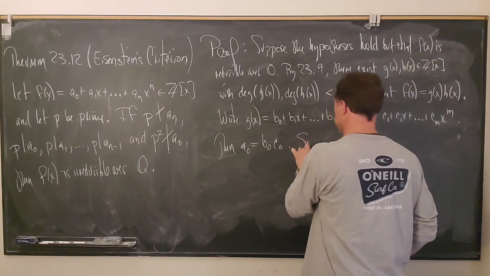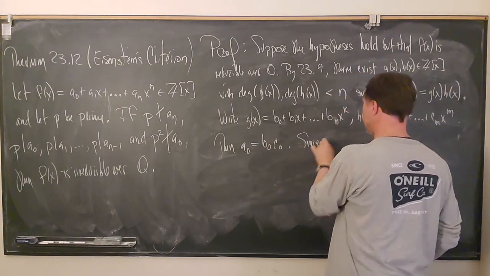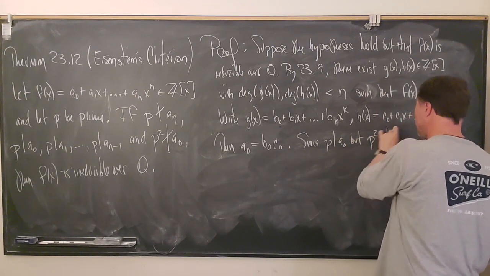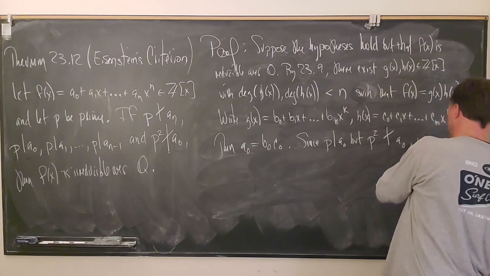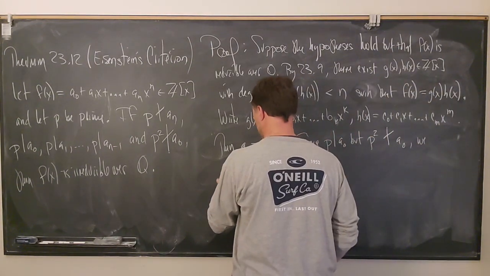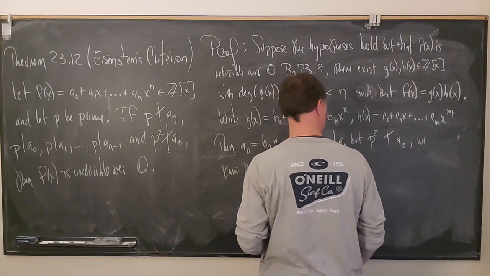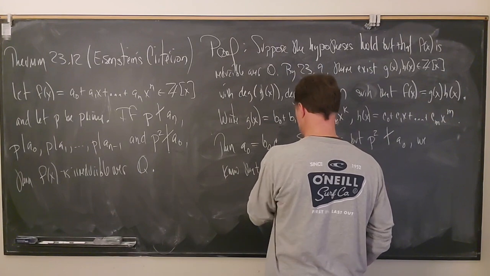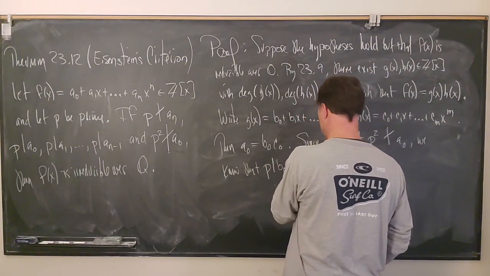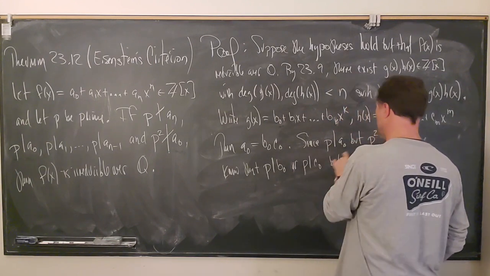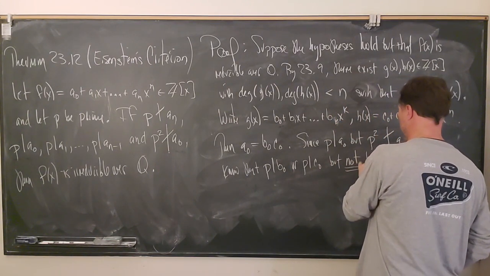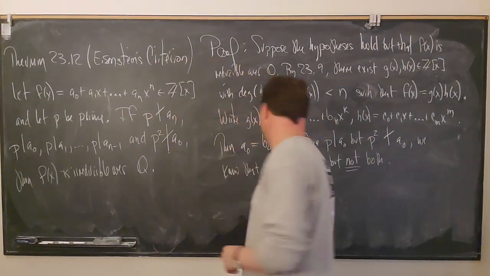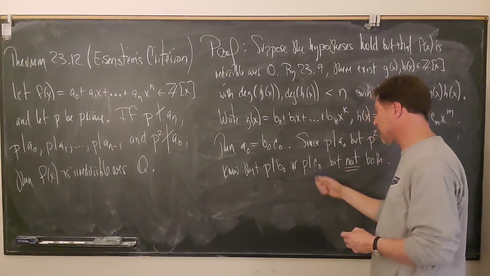So p divides b0, or p divides c0, but not both. It doesn't matter which one. I'm just going to assume that it divides b0 and that it doesn't divide c0.